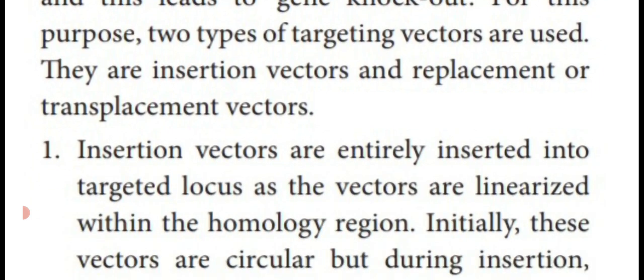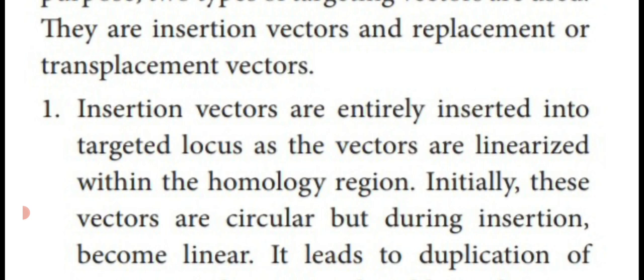First one, the insertion vectors are inserted into the targeted locus. Targeted locus means the place of a gene, isn't it? So in that targeted gene, we are inserting vectors.